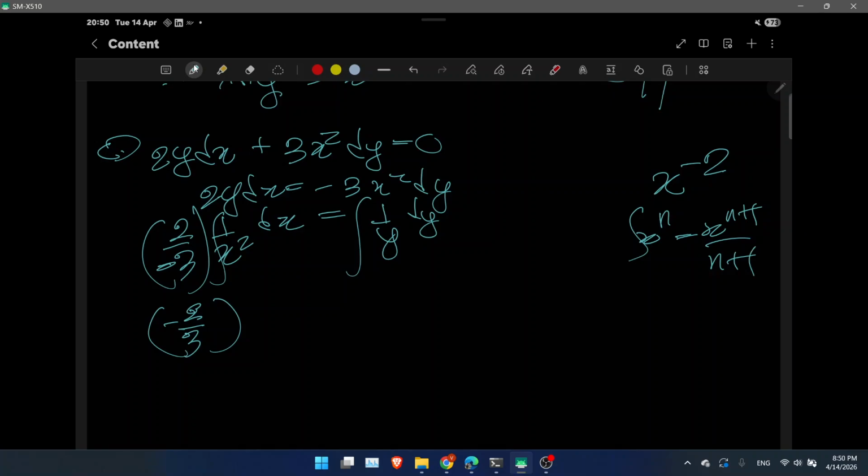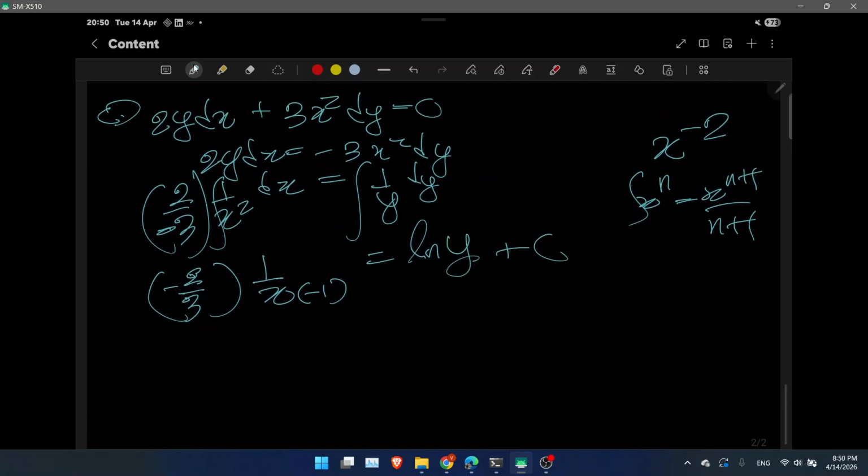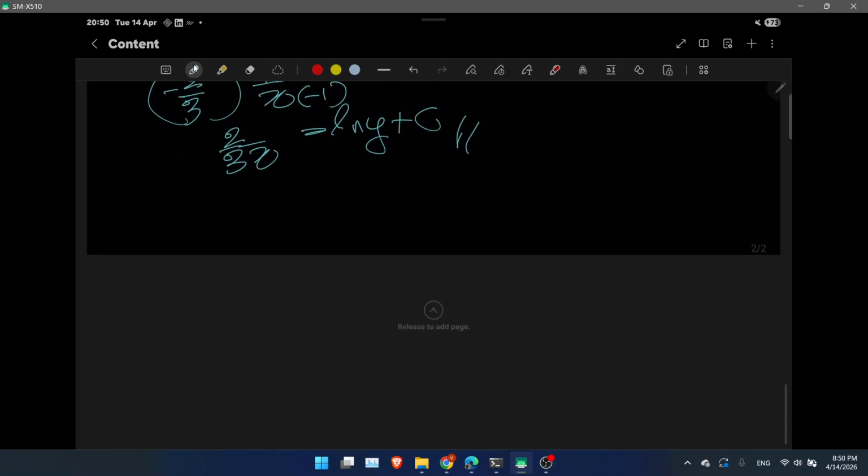If you use that rule, it is 1 over x times minus 1 is equal to ln y plus c. So the solution is 2 over 3 x is equal to ln y plus c. So this is the solution.